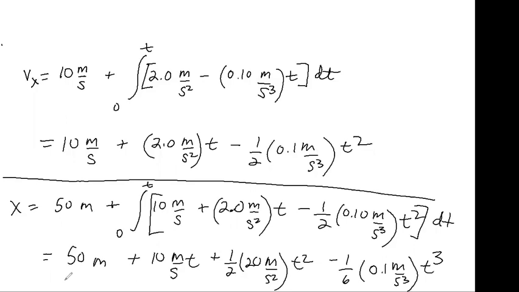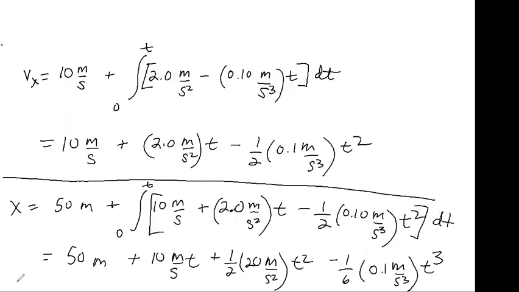So we start off with our initial position, 50 meters, and taking the integral of the velocity function, we get 50 meters plus the integral from 0 to t of 10 meters per second plus 2.0 meters per second squared t minus 1/2 times 0.10 meters per second cubed times t squared dt.